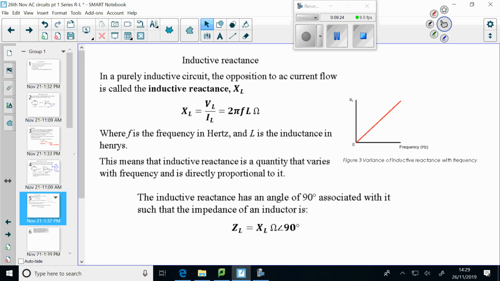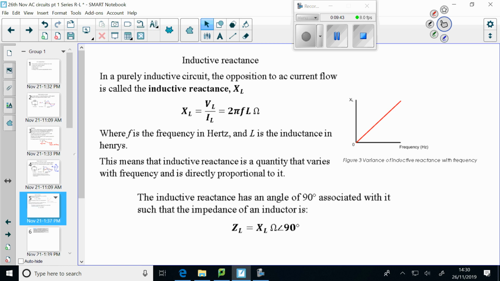So 2 pi times the frequency times the inductance in henries will give us the inductive reactance. This is where F is the frequency in hertz and L is the inductance in henries.